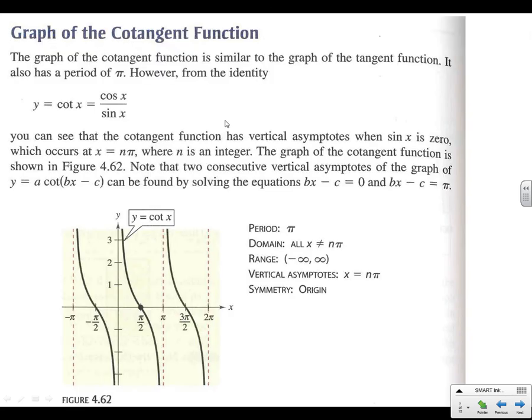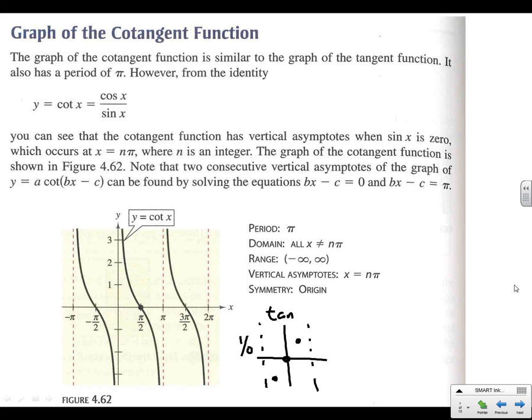Okay, so now let's look at cotangent. Cotangent is the reciprocal of tangent. So if this is our tangent graph, and we've got important points here and here and here, the flip of that, an asymptote is like saying 1 over 0.